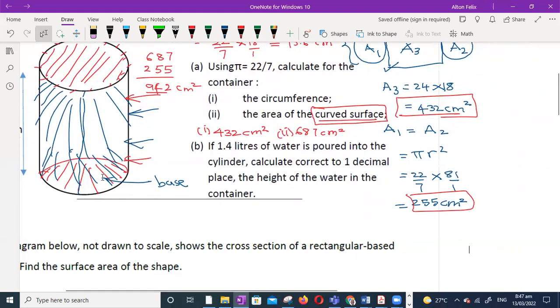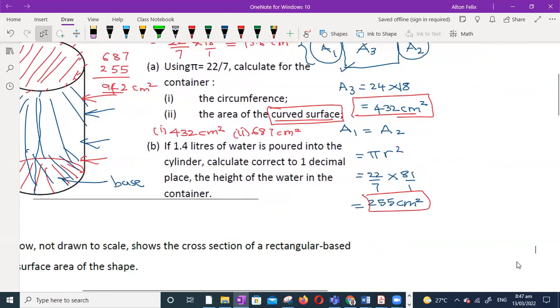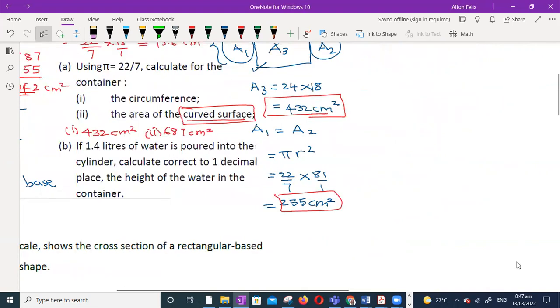All right. So that part of the calculation is already done. Part of it, that is. So let's look at it. So you pour in 1.4 liters. First to begin, your dimensions are in centimeters. So once you calculate volume, your answer will be in cubic centimeters.